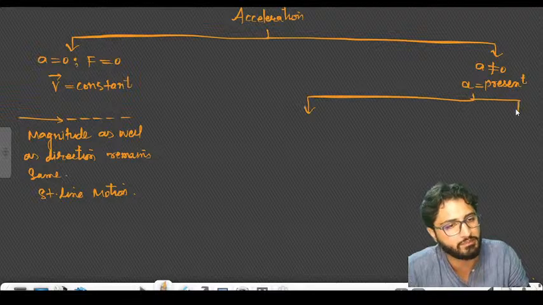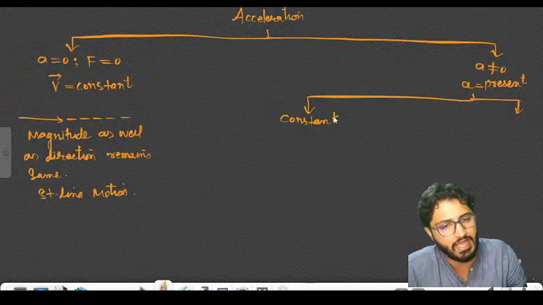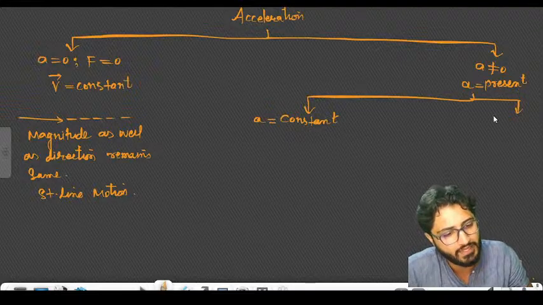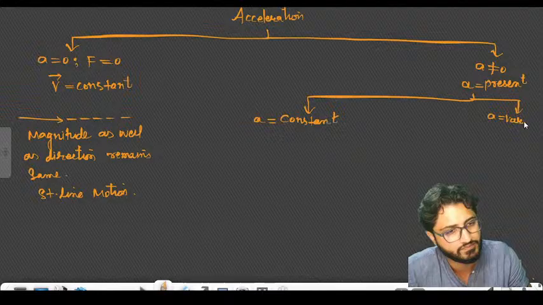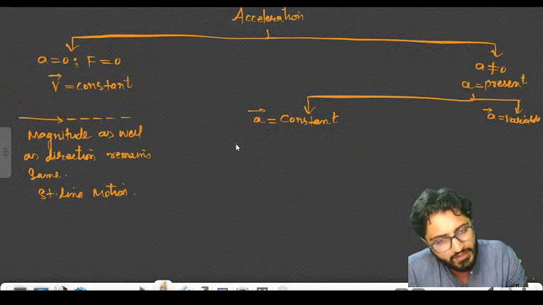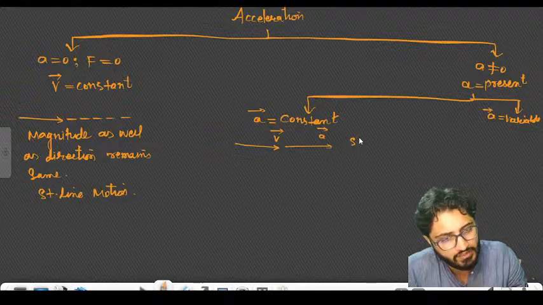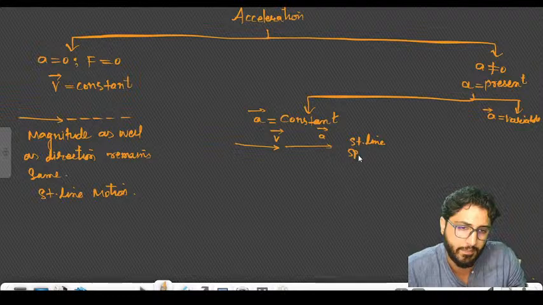One is if my acceleration is constant. Second one is if my acceleration is variable. If my acceleration is constant, so look, if my velocity and acceleration are in the same direction, you can write it is a straight line motion and it is speed up.